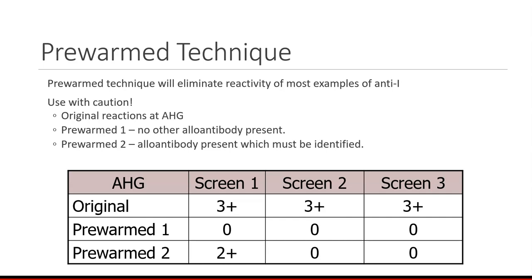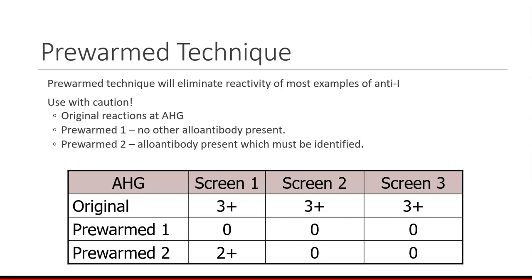And this is because if this is an anti-Big I, it's showing high thermal amplitude. So if you remember the pre-warm technique, you pre-warm the serum, you pre-warm your screen cells, you add the pre-warmed serum to the pre-warmed cells, incubate, and then without removing the tubes from the heat block, you add pre-warmed saline for that wash. So pre-warm 1 is all negative.